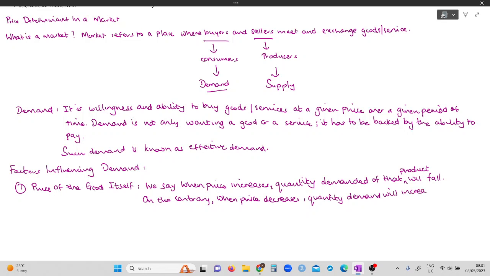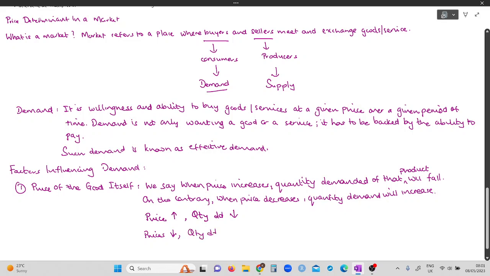Donc là, we have an inverse relationship. When price increases, quantity demanded falls, and when price decreases, quantity demanded will increase. D'accord? So this is how we determine the demand when price of the product changes. You can take the screenshot and then we continue.